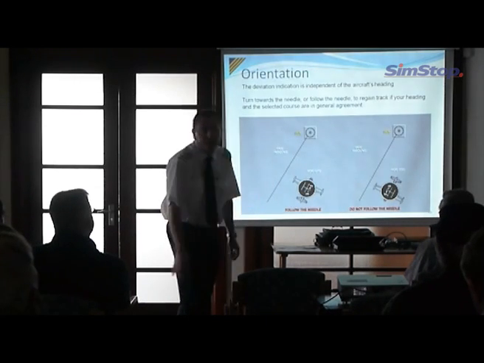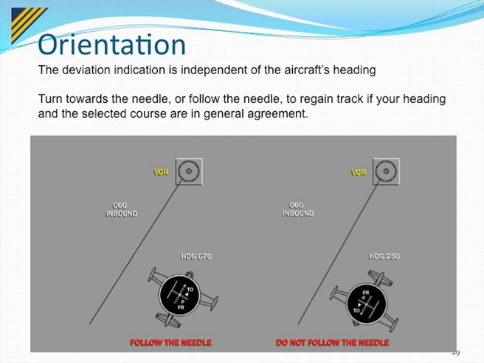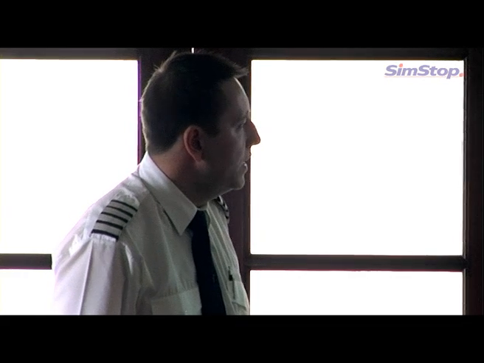So how do we orientate ourselves then to the beacon? Where are we? Well, what we can do is alter the course deviation indicator to roughly our heading and see what indications we get.